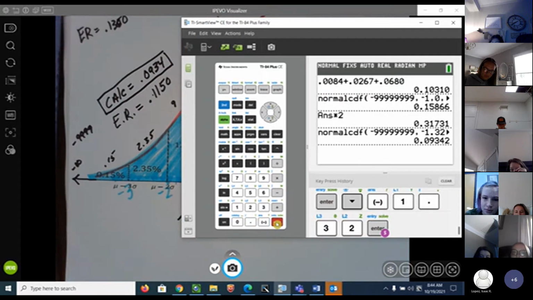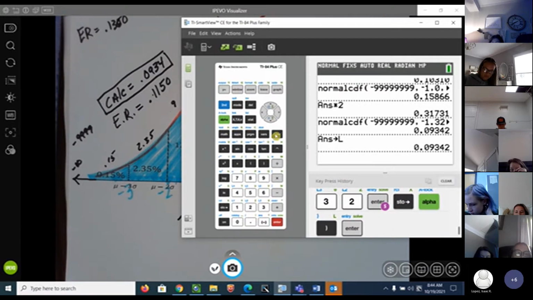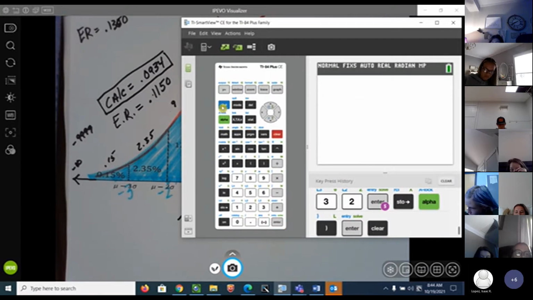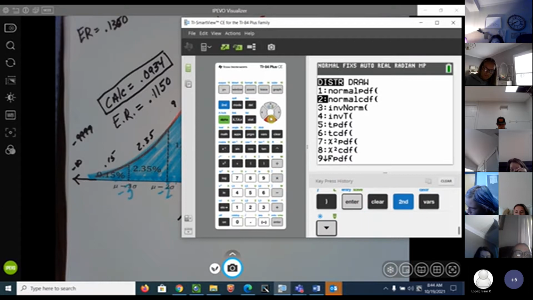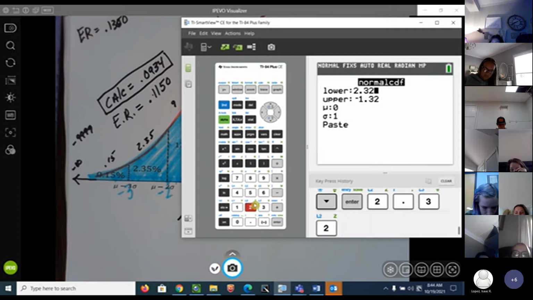And the other side, I'll just save that, store it in alpha, got an L in here somewhere for left. Clear. Second, bars, normal CDF, 2.32 to 9999.